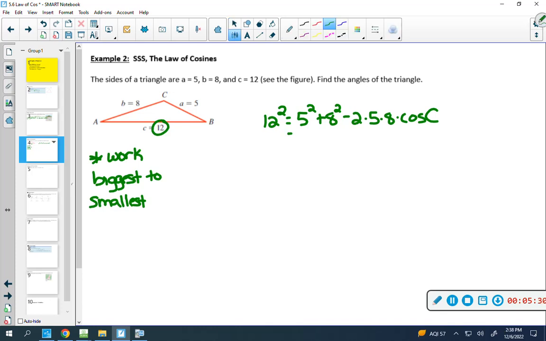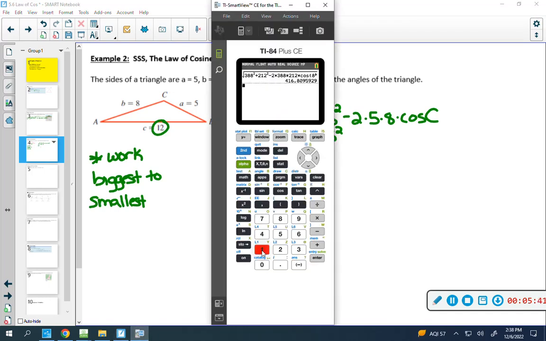So I know I need to subtract off 5 squared, and I need to subtract 8 squared. I know I need to get rid of those. So I'm just going to type that in my calculator as it is. I'm going to do the 12 squared. I know it's 144. We can make it 144, but let's make it easy. Minus 5 squared minus 8 squared.